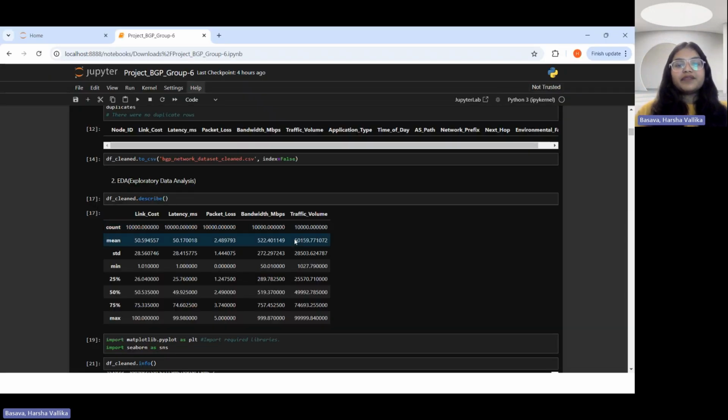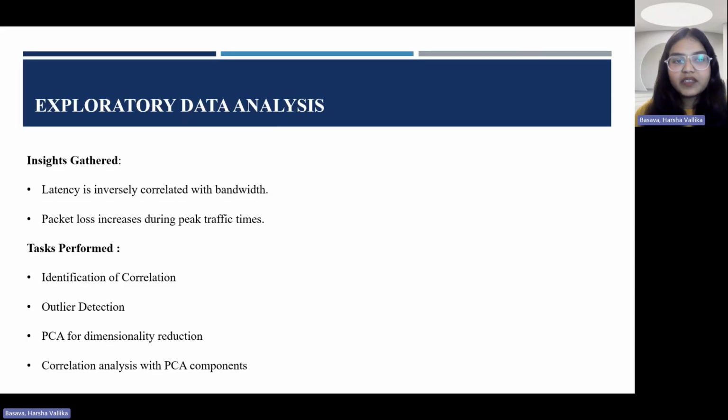As part of our exploratory data analysis, we have plotted a correlation heat map, which will tell how strongly or weakly two different parameters are correlated with each other. From this, we understood that latency is inversely proportional to bandwidth. Latency is the delay, and bandwidth is the maximum rate that can be transferred between source and destination.